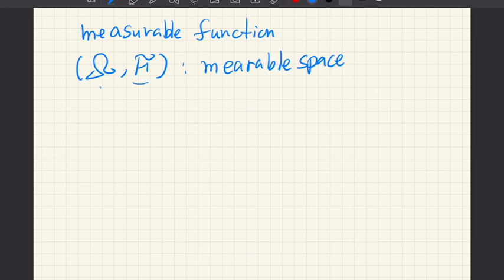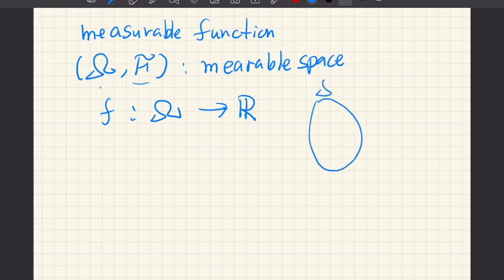Then let's say we have a function from omega to real numbers. Okay, so we have omega on one hand, we have real numbers on the other hand. So we have a function from omega to real numbers.